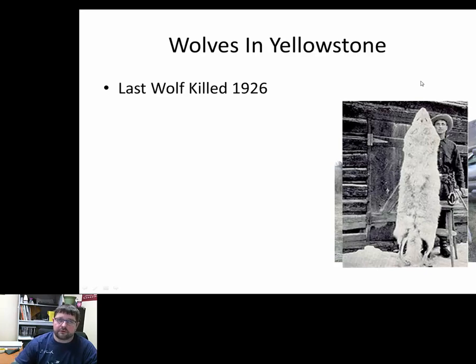The wolves are no different, same species, and yes, they were introduced from Canada into Yellowstone National Park. However, the corridor used to be unblocked, so Yellowstone wolves could move into Canada and back into Yellowstone.